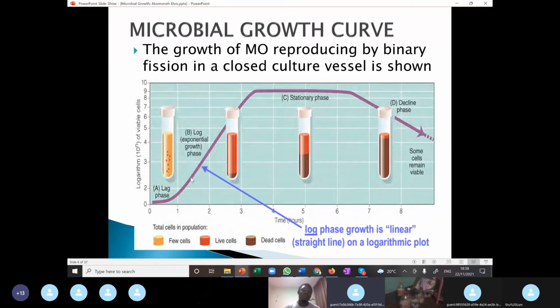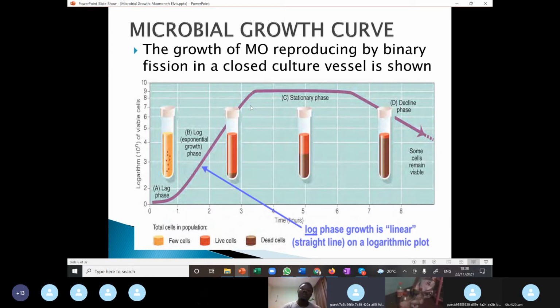So if our product of interest is a primary metabolite or biomass, we are going to ensure that this phase is maintained so that the fermentation process continues at a logarithmic rate, and the end products are also produced at a logarithmic rate.